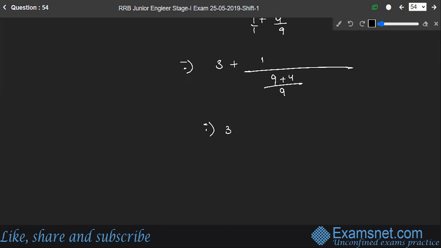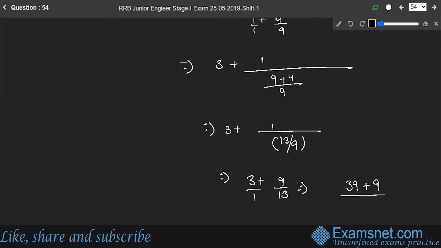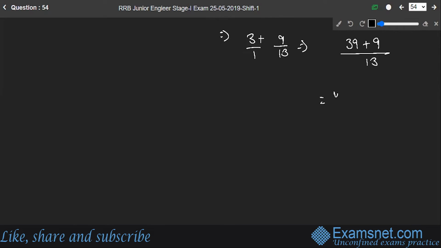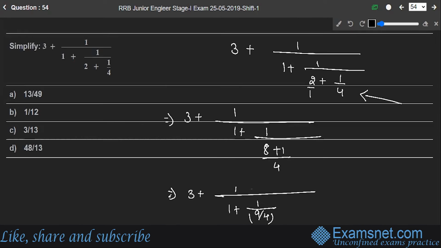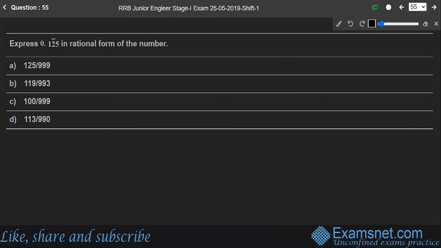This is going to give me 3 plus 1 upon 13 upon 9. Again, taking the LCM, you have 39 plus this upon 13, which will give me 48 upon 13. So 48 upon 13 is the correct option. Hope you got that. Next is question number 55.